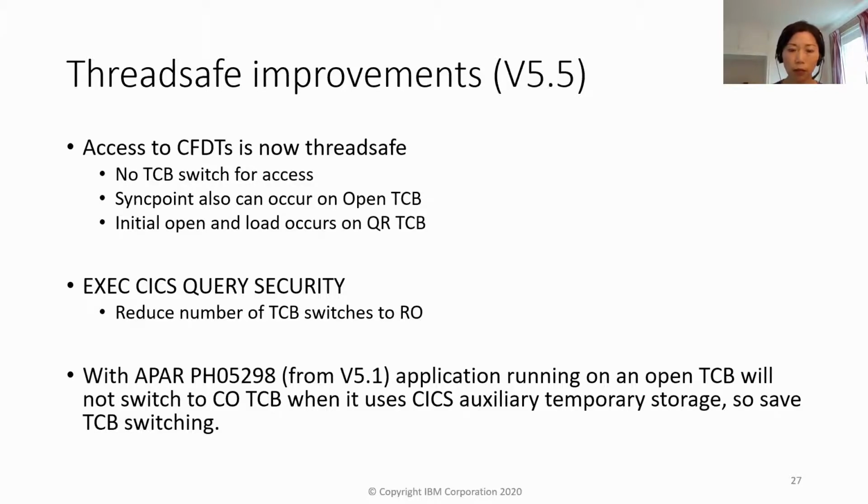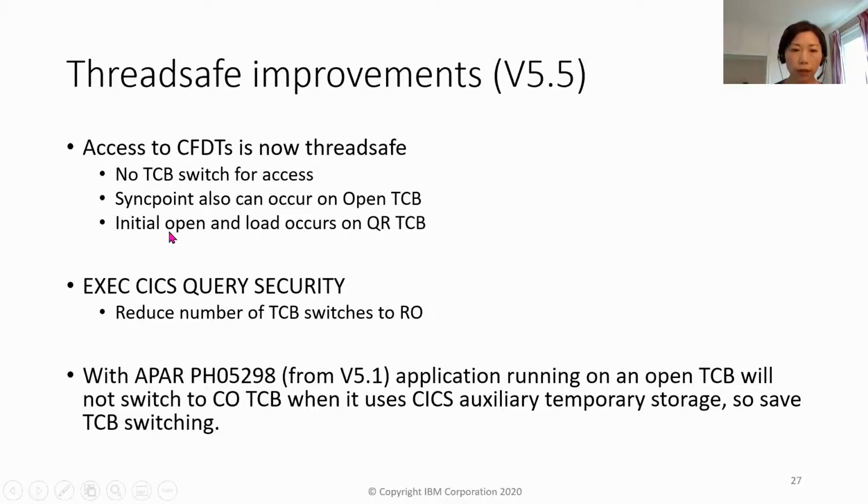In 5.5, we made access to the coupling facility data table thread safe. So if you have file control commands which access CFDT data tables, then you would benefit from version 5.5 and onwards.